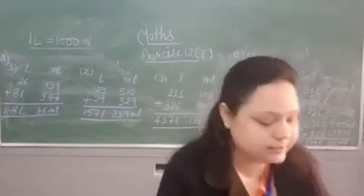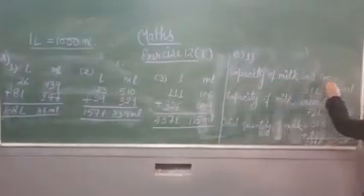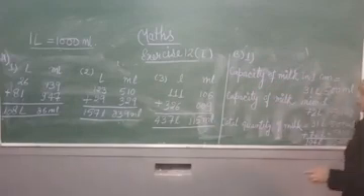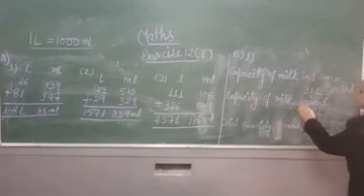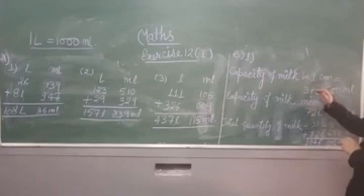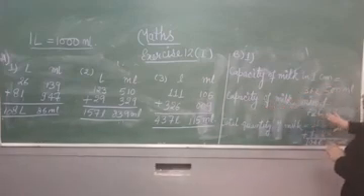Now let's see. Quantity of milk in 1 can 31 liters 500 milliliters. Now the quantity of milk mixed is 72 liters 250 milliliters. This was the quantity and this much quantity was mixed.